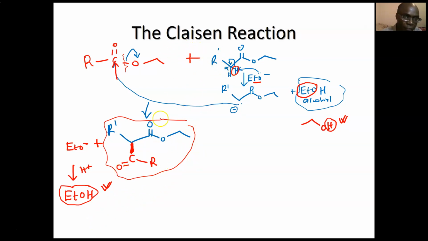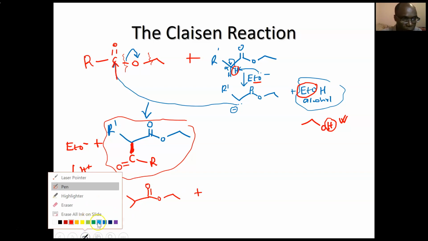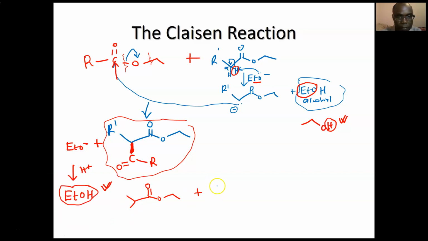So this does not always have to be ethanol. This could be an R group. So let's say you have this ester, and you are reacting it with itself.